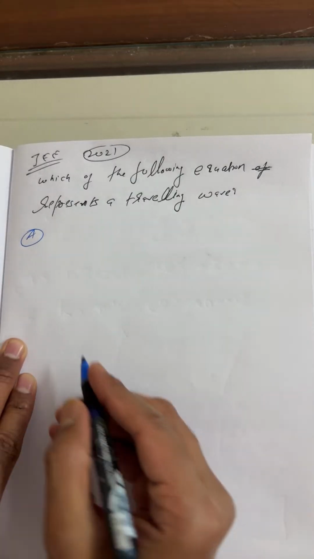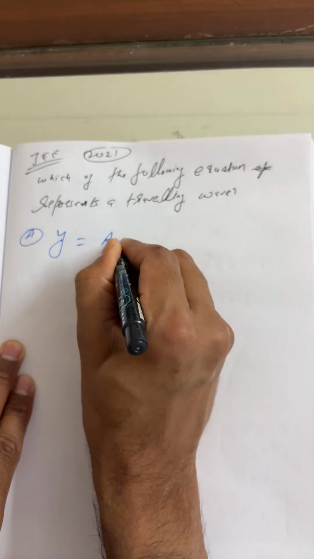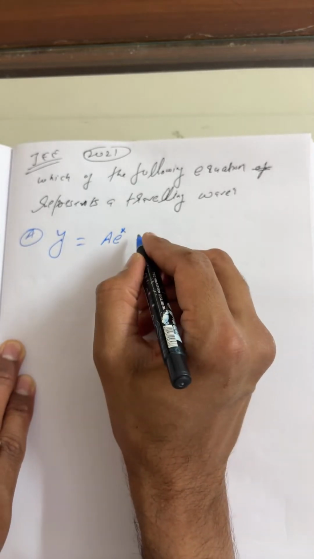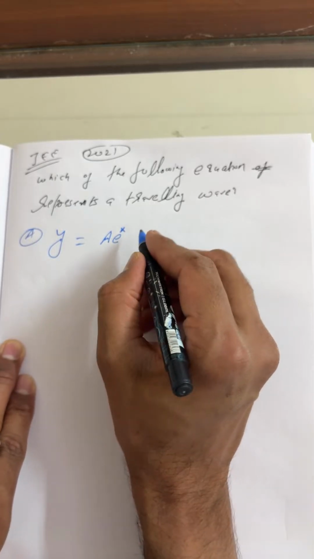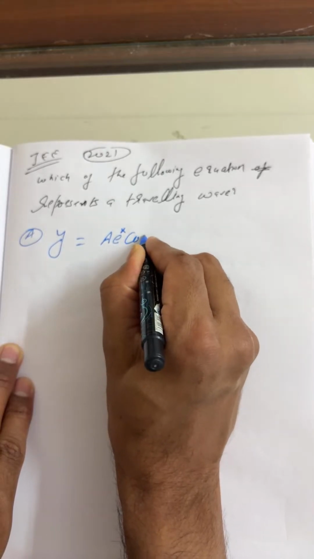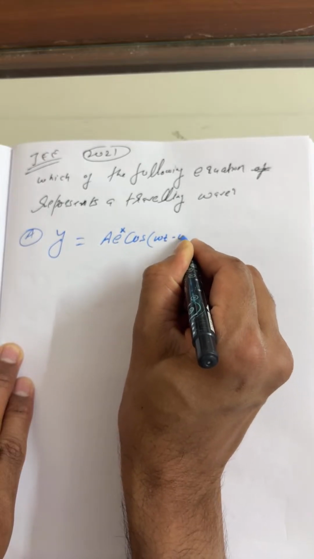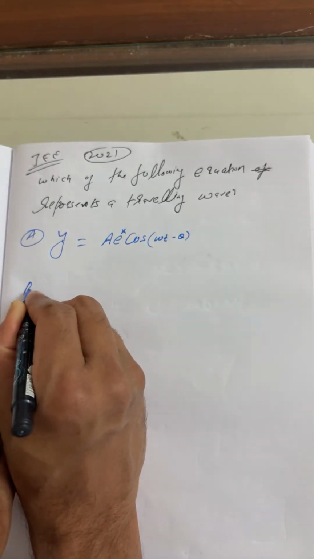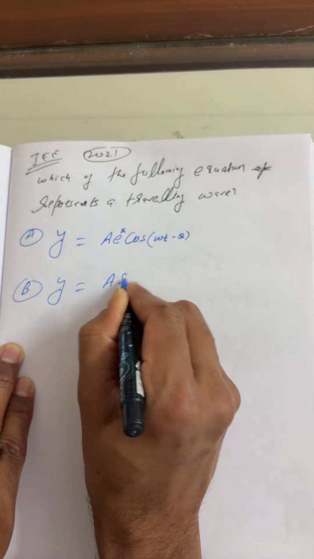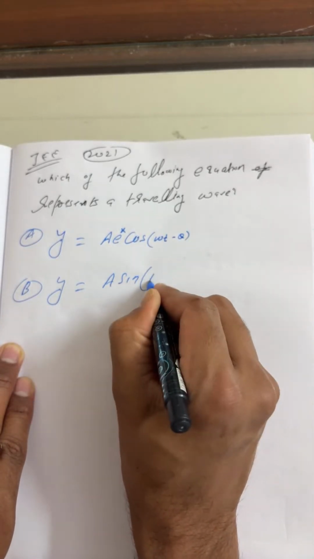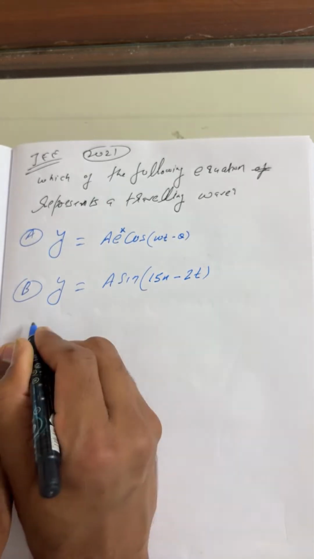Okay, option first: y is equal to a to the power x multiplied by cos of omega t minus theta. Y is equal to a sine of 15x minus 2t.